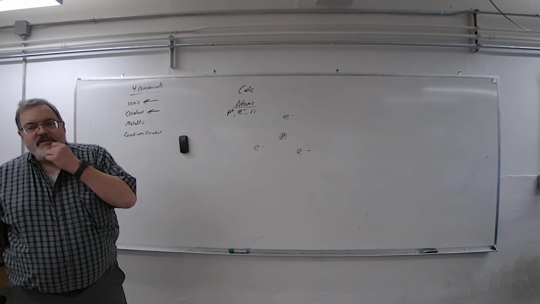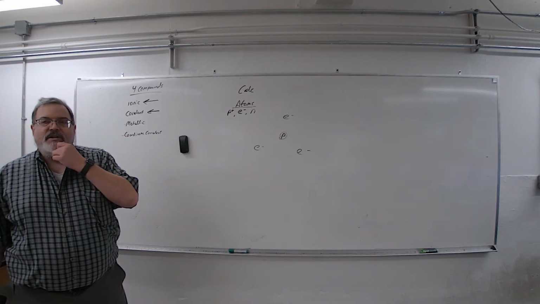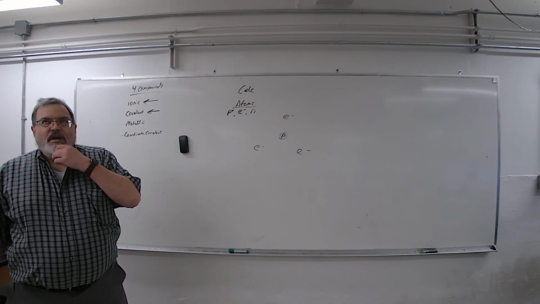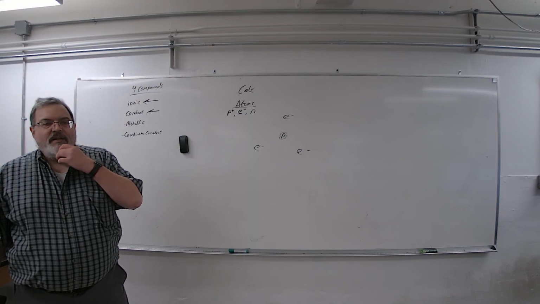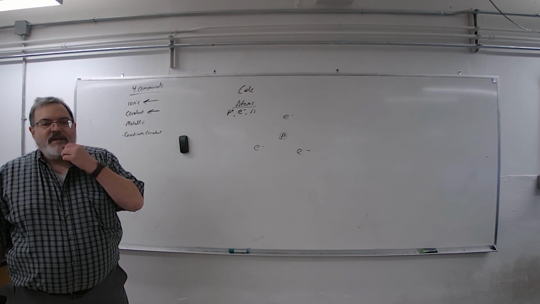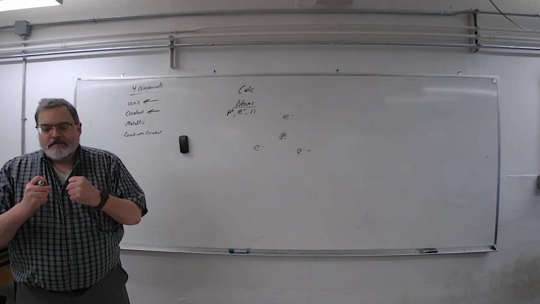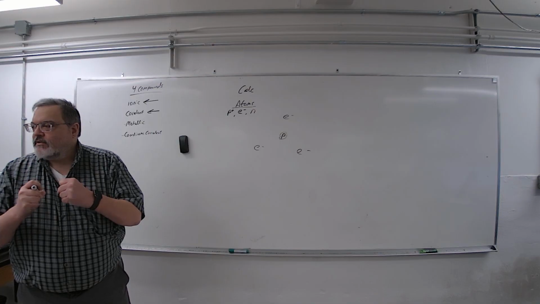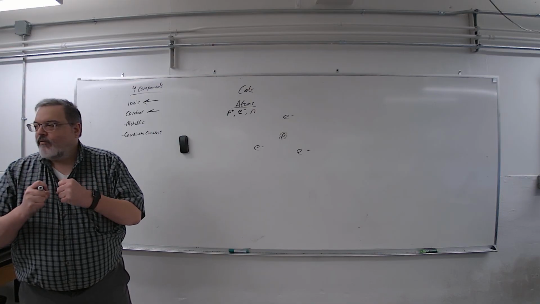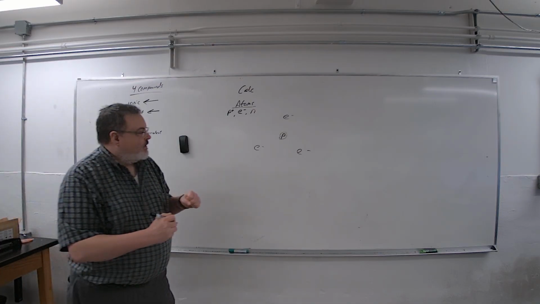Here's a couple of additional facts about protons and electrons. Electrons, they do repel each other, but if they manage to get close enough to each other, they will stick. But you can only have 2 electrons together. You can't get 3 together, you can't get 4 together, you can only get 2 together.